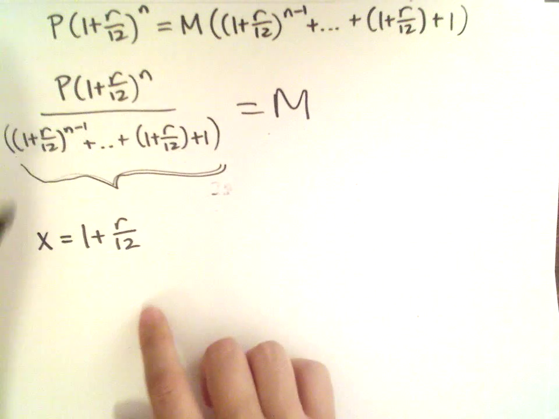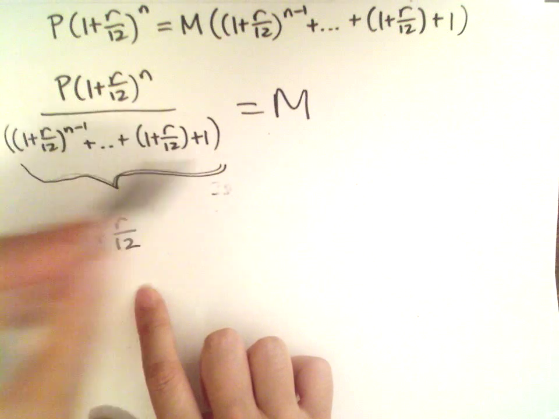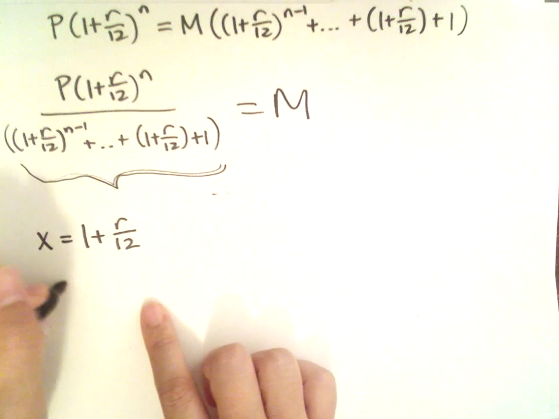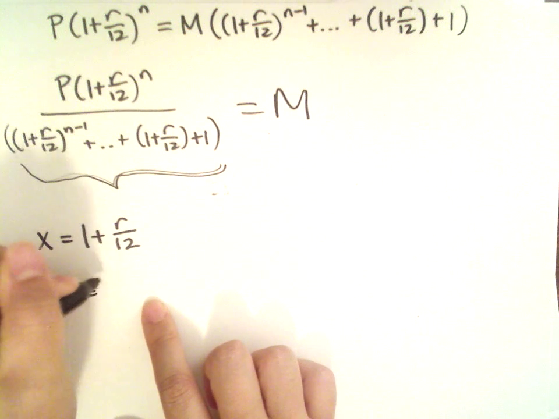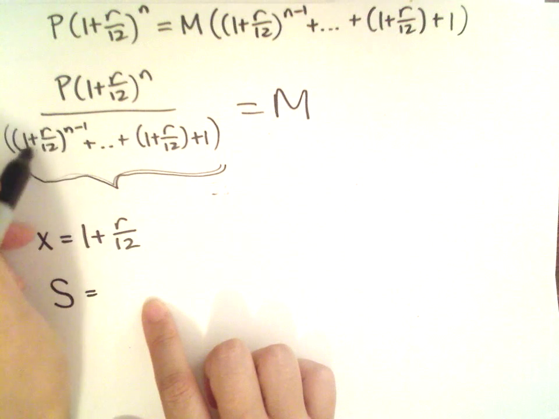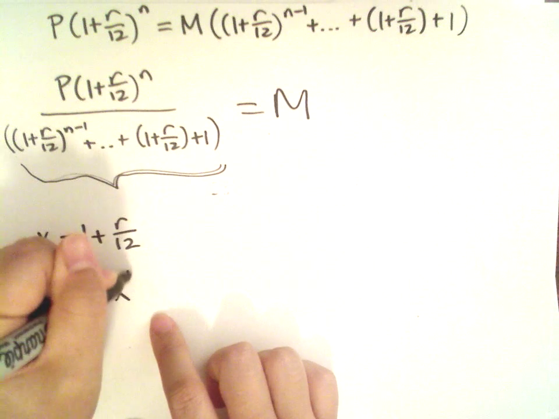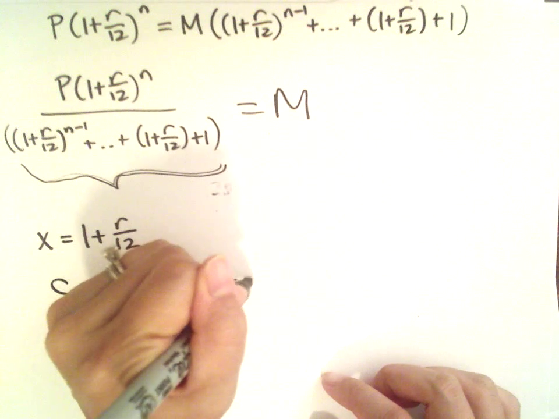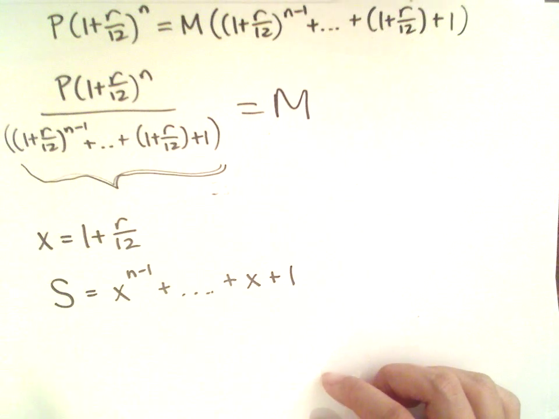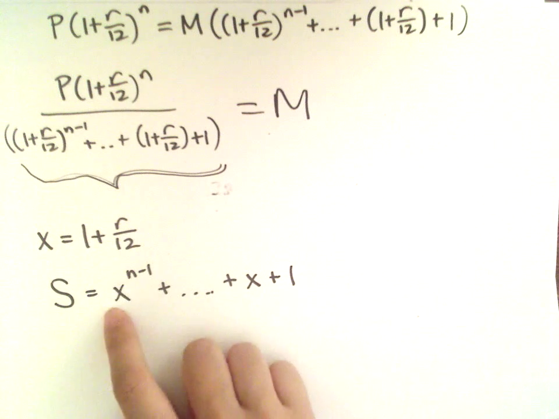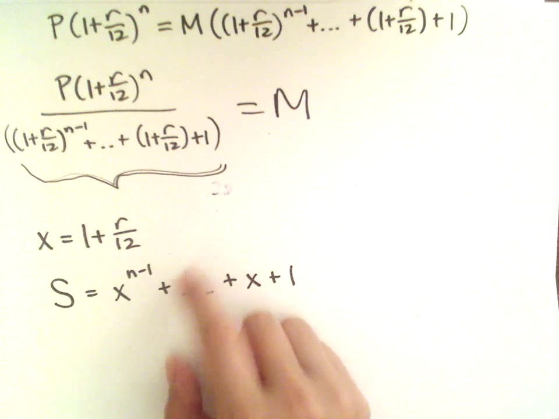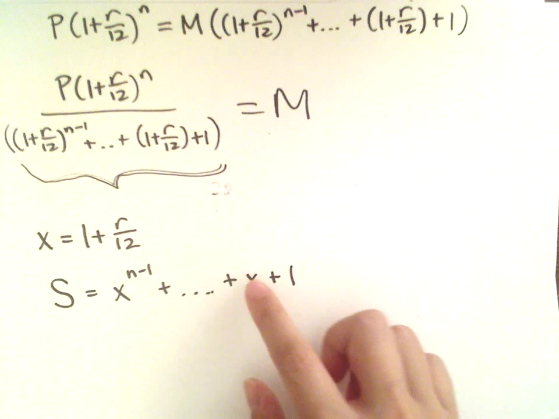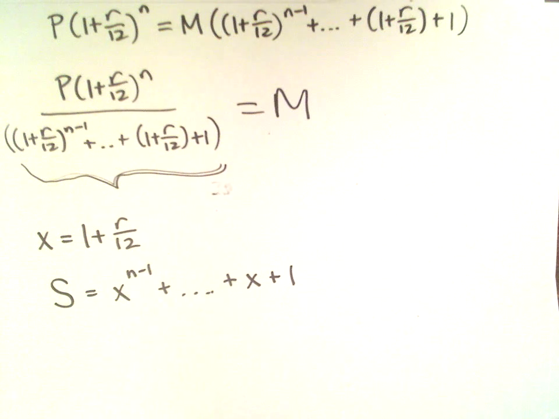Okay, so if we rewrite this sum, and let's call it s, s is equal to, now this is x now, x to the n minus 1 plus dot dot dot plus x plus 1. It's x to the n minus 1 plus x to the n minus 2 plus, keep going until you get down to x plus 1 at the very end.